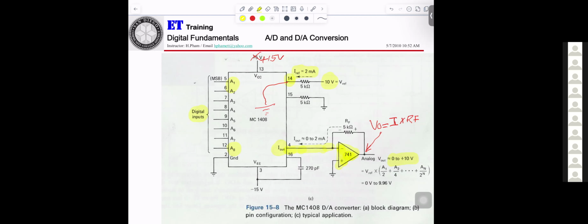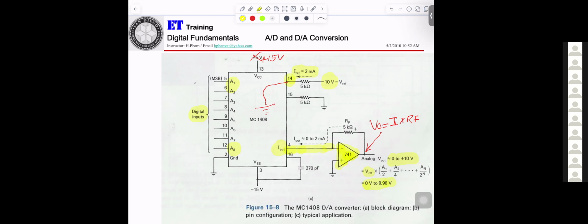However, it says V reference times A1, A2, A3, whatever, divided by the number, telling you the maximum voltage of this DA converter goes from 0 volt to 9.96 volt. That is the way they build it. We cannot do anything.